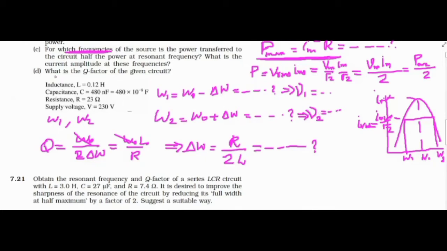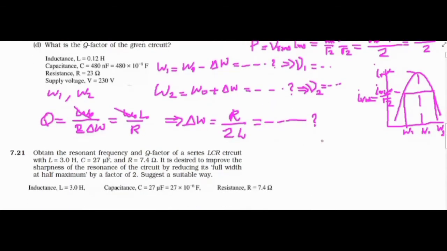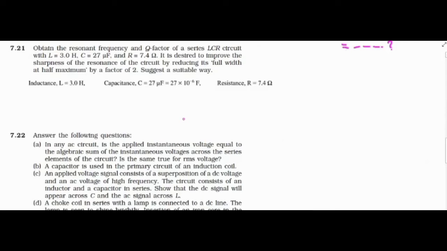Now come to part D, find the quality factor of the circuit. Any one formula you can use: omega naught L by R, so that you can find the value of the quality factor. Now come to question 21.